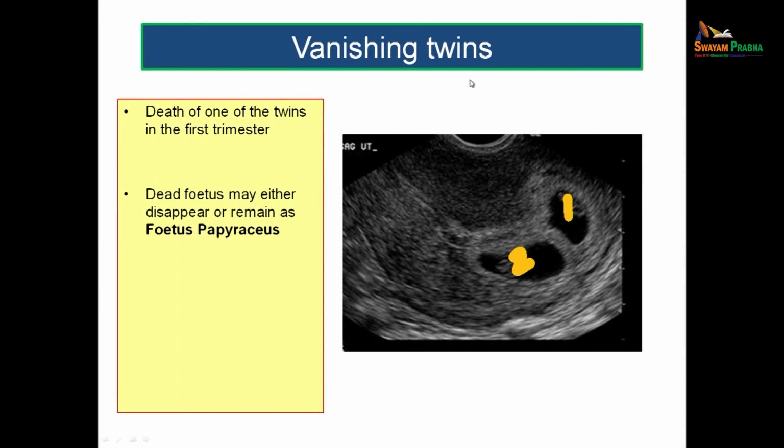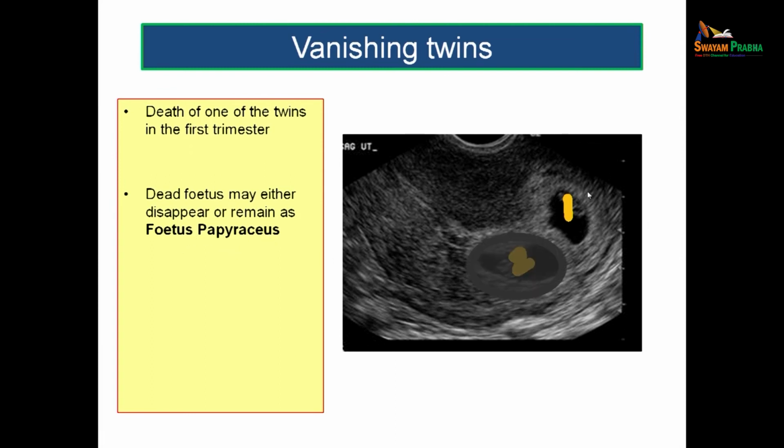That condition is known as vanishing twin. That means there will be death of the other fetus. So, the dead fetus may either disappear or sometimes will remain as fetus papyraceous. So, this condition is known as fetus papyraceous.